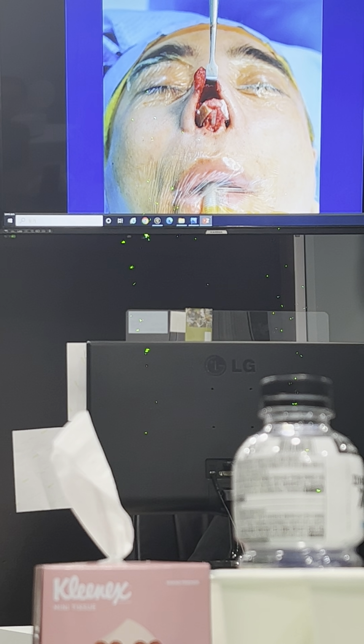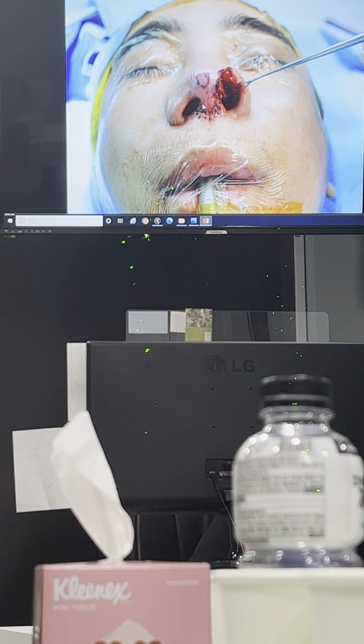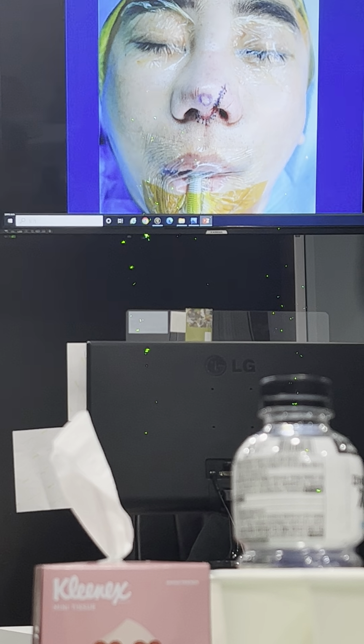So at first, I did reconstruction of the septum and lateral cartilage using costal cartilage. This is a costal cartilage. After that, I did reconstruction of the tip. After that, for the correction of the alar retraction, I designed the alar rotation flap.